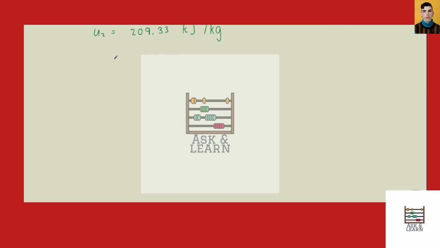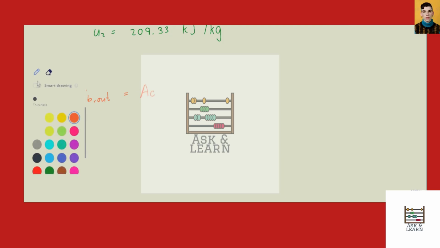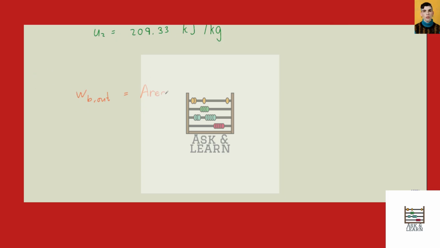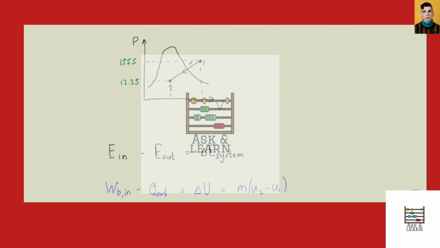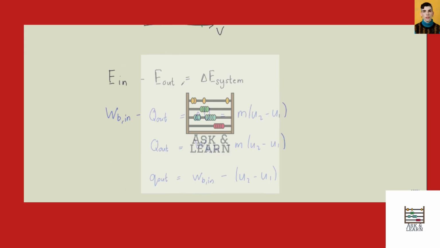Now, since this is a linear process, we can calculate the work done in this process, and the specific work done, little w, out of the system, the boundary work, is the area under the PV graph. So the area under our process line 1-2 gives us the boundary work of that process. So we need to calculate the area of the shaded region.